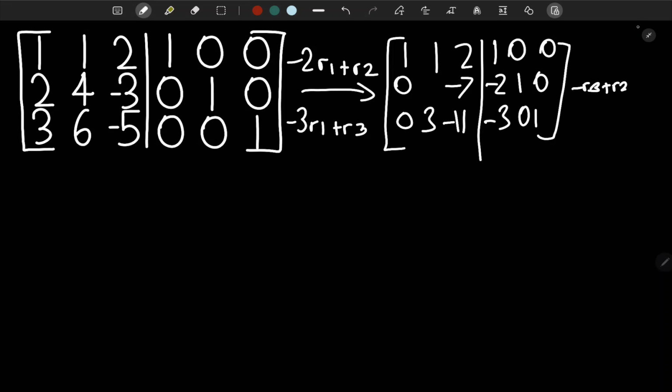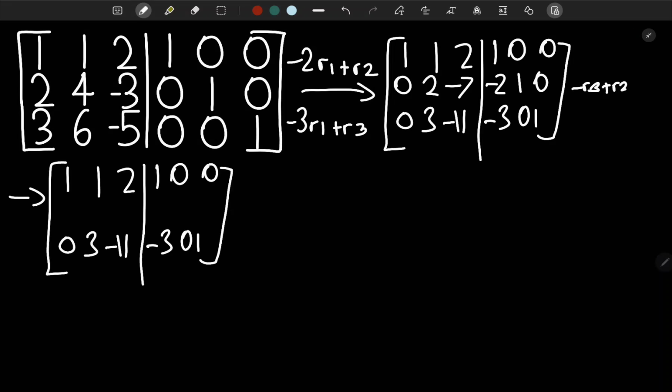So here I'm going to speed up the process and quickly write the operations. Minus 1, 4, because this is just adding it and subtracting it, so it's not a big deal. So now next thing is to get this minus 1 into 1. So what we can do here is multiply row 2 by minus 1.